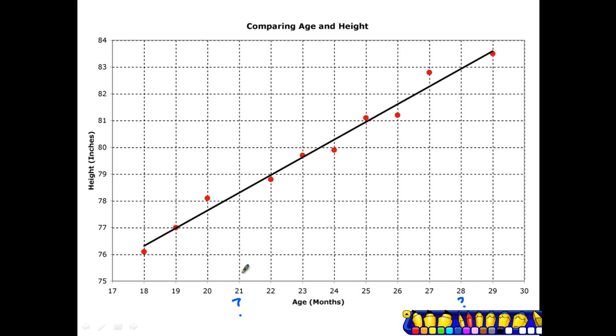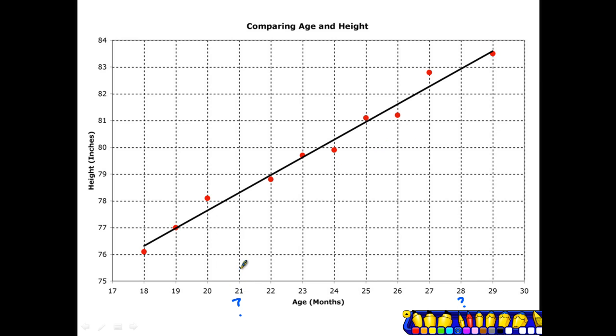So what we have to do here is to reflect this 21 to our line, then we will reflect back to our y-axis, and that will help us identify the possible height of the baby at age 21.